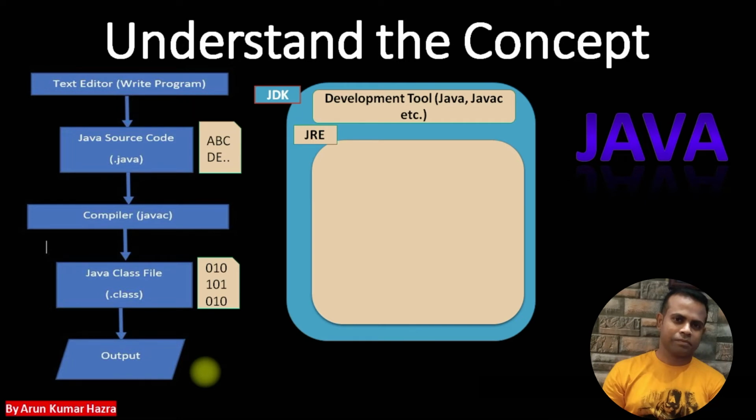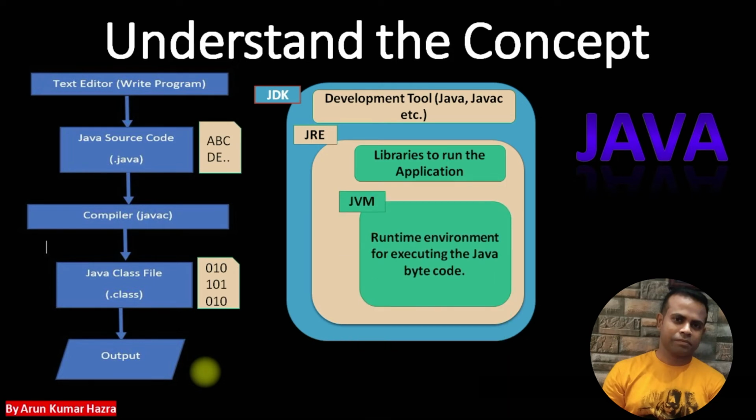Again, this JRE is a combination of libraries used to run applications, and it also includes a JVM. This JVM is the Java Virtual Machine, which is a runtime environment for executing Java bytecode.